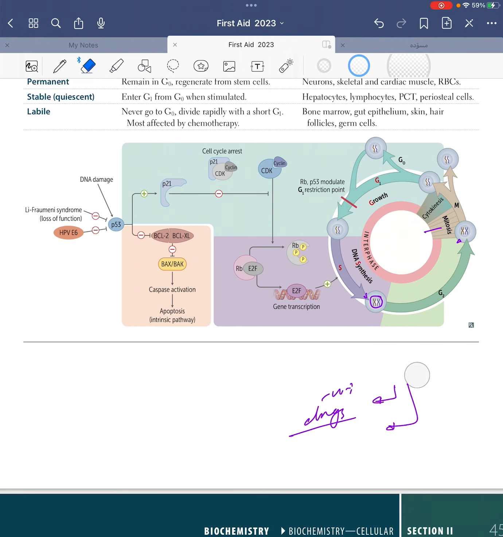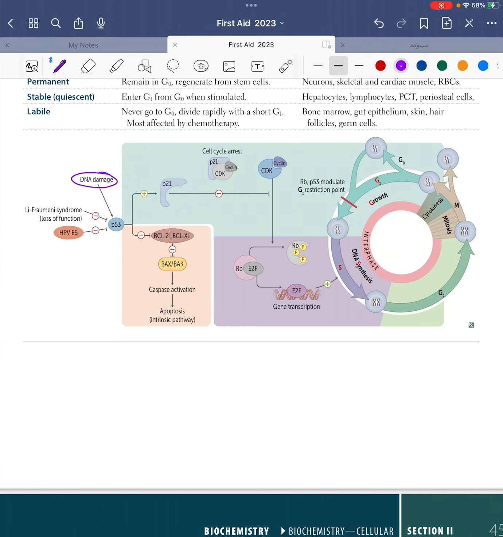So basically, let's assume that we do have a DNA damage to the cell. It should not proceed with the replication process. The DNA damage is going to notify the P53, that's the regulatory protein.